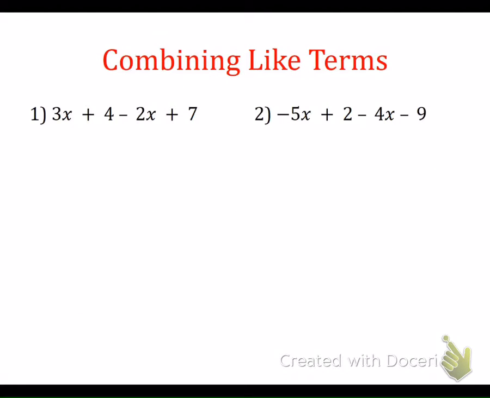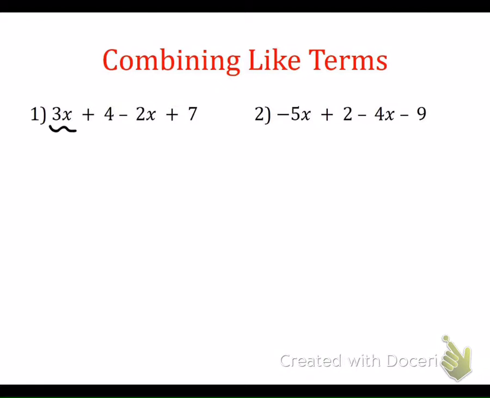All right, first two examples, they are blank in your notes. It just says 1 and 2, so I'll give you a second to write these down. Now, in the first one, can anyone give me some like terms? Yes, ma'am. 3x and -2x.